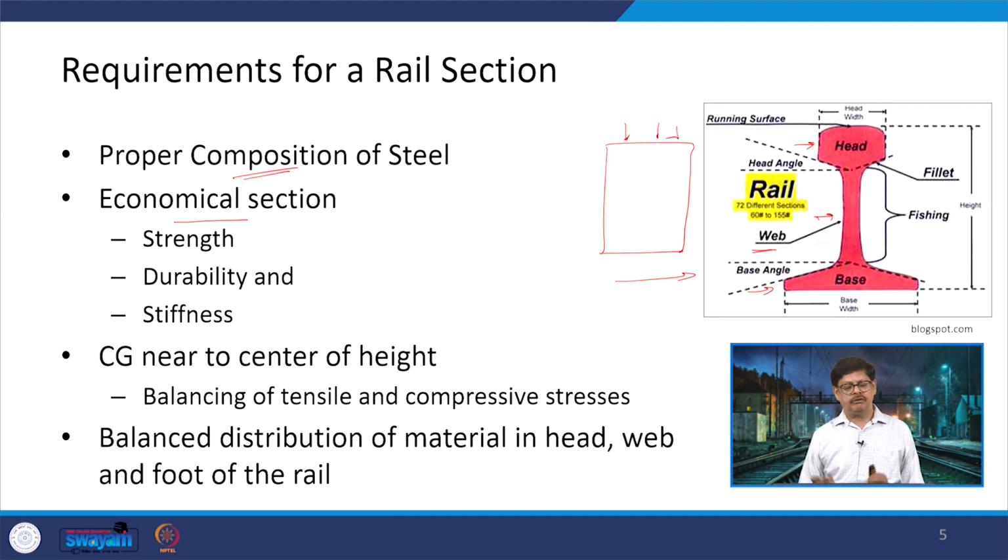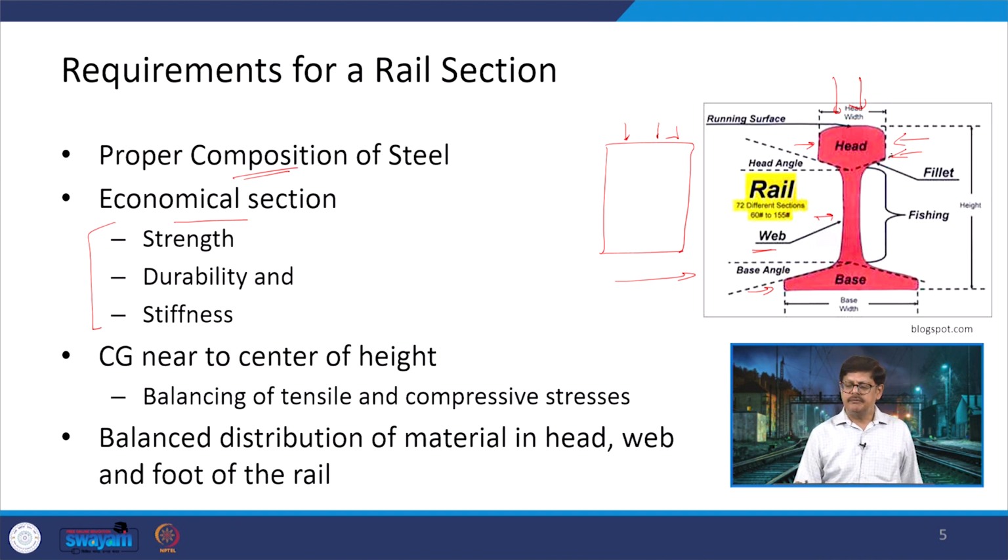But when you are talking about this metal, we cannot compromise on three aspects, that is strength, durability and stiffness. Strength means the load which is coming at the top in this way, or the possibility of lateral forces at the rail head because of the hitting of the flange at this point.